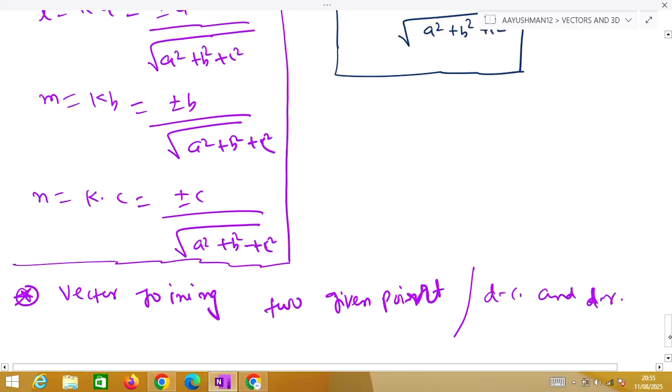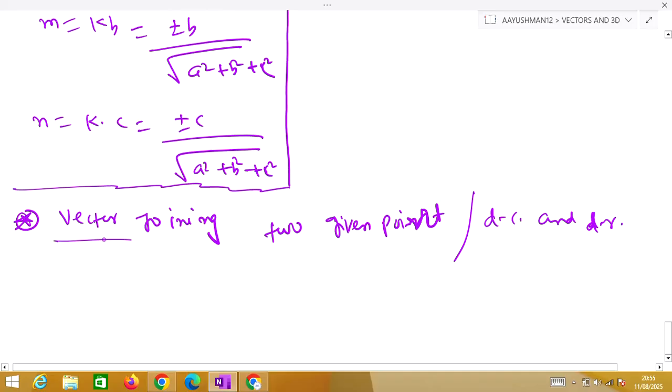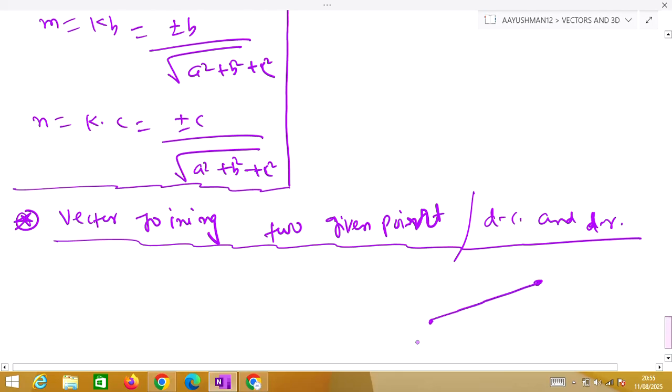So what is their direction cosine and what is their direction ratio, that we try to write. So if we have 2 points given to us, suppose this is the first point, this is the second point, point A, let us say x1 comma y1 comma z1, point B, let us say x2 comma y2 comma z2.